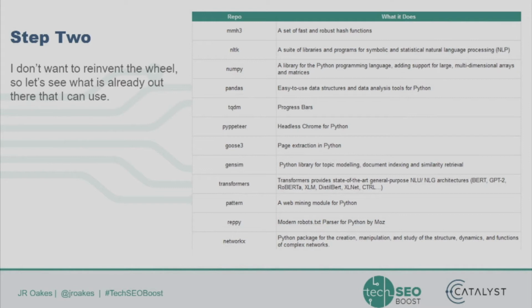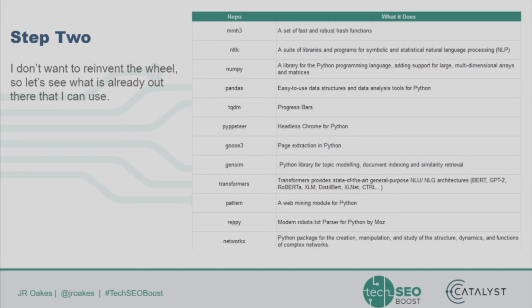I went through and you have a hashing library, you have NLTK, which is what Paul talked about, which is just cool as hell. You have Pandas, which is like spreadsheets that you can parse 1 million rows on in Python. Puppeteer, which is a port of Puppeteer for Python, which is really cool.